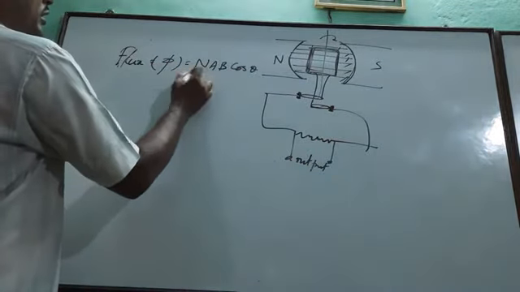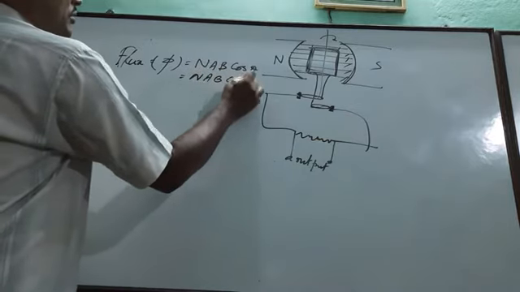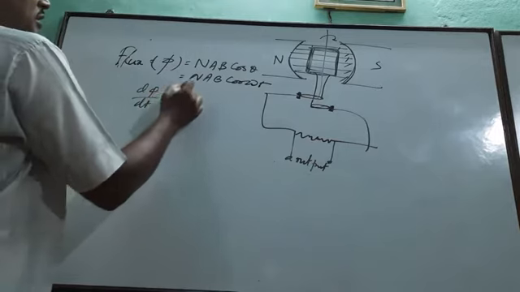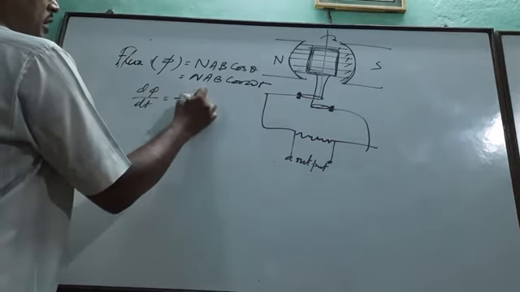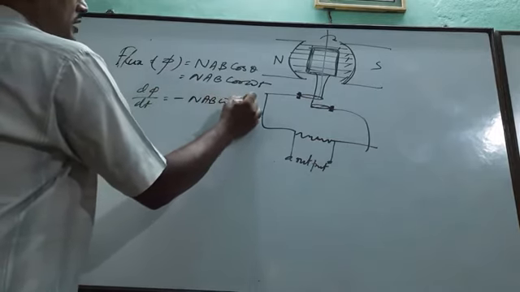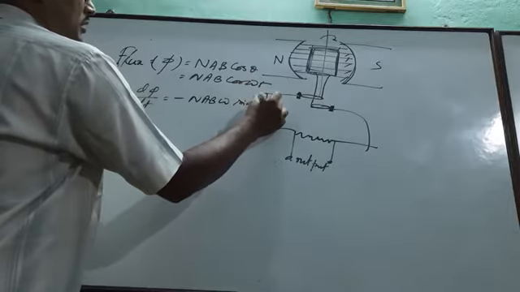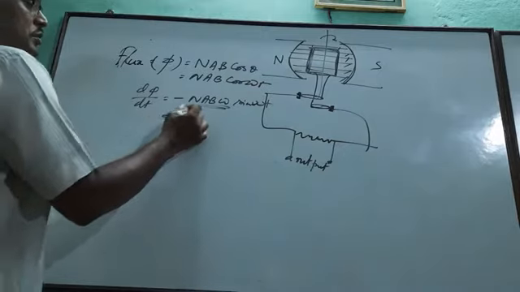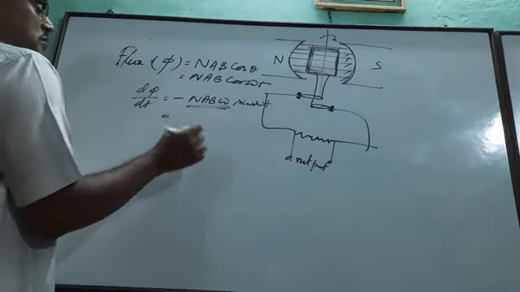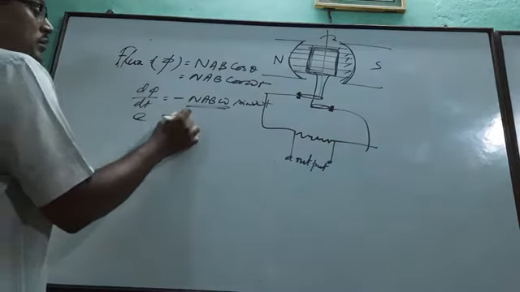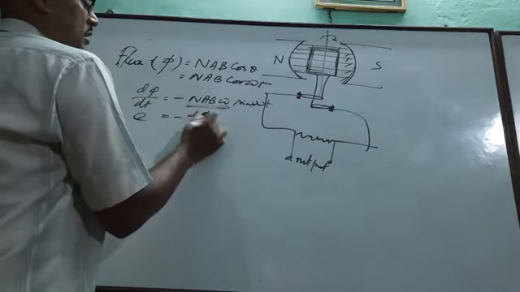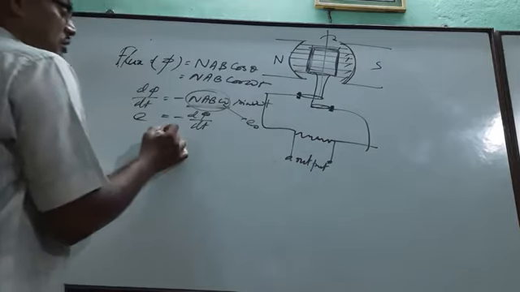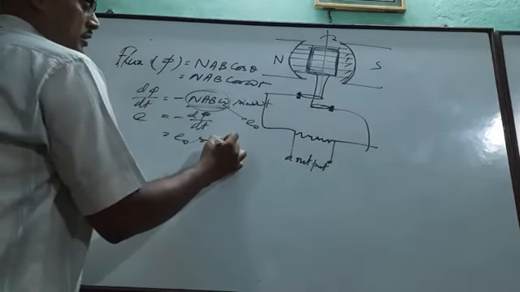Now we can write NAB cos omega t. So d phi by dt equals what? d phi by dt equals minus NAB omega sin omega t. And see, this NABω is a constant term which is the maximum induced EMF. Now we have E equal to minus d phi by dt, and this maximum induced EMF is denoted by E0, so E equals E0 sin omega t.